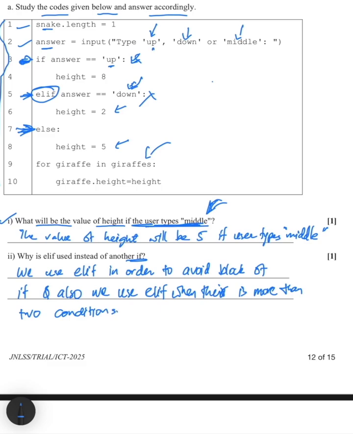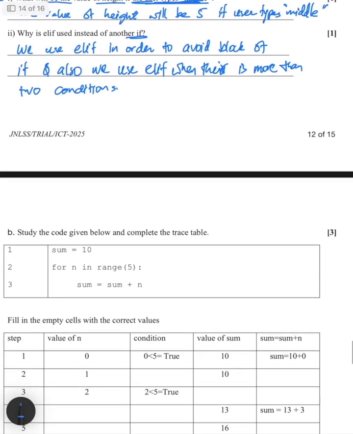If it is up then down, there are only two conditions, but here there is another condition, which is middle. So when we have more than two conditions, we use elif.